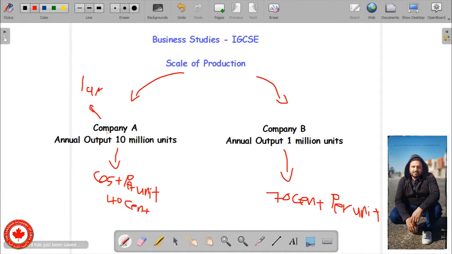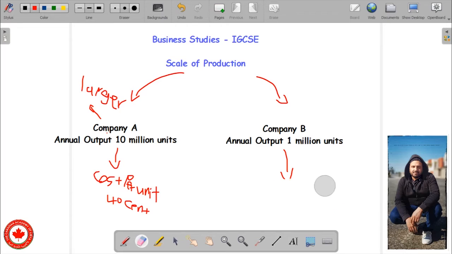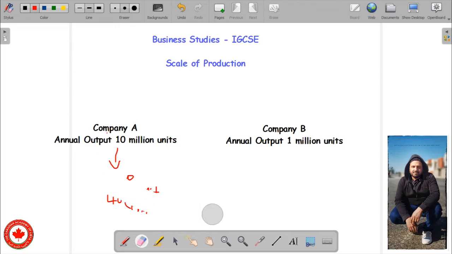When I say larger, I'm talking about the idea of having more money, better equipment, that kind of things. Why are they able to do that? Why is the company able to reduce the average cost of producing the units? Because they benefit from something called economies of scale, which is today's topic that we're gonna discuss.